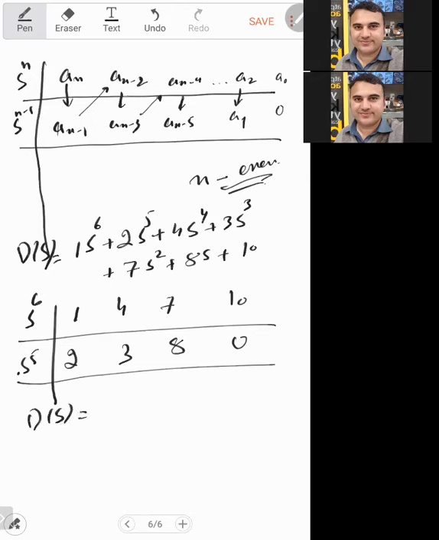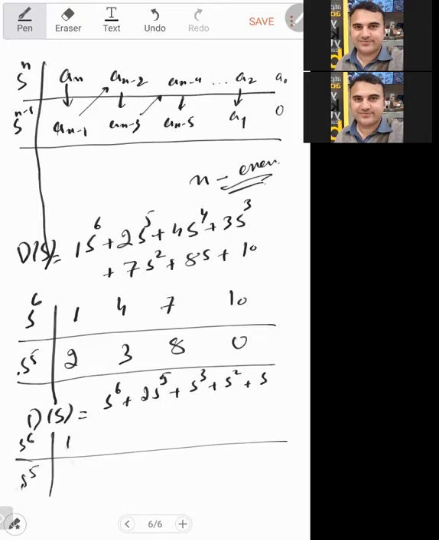Remember this one. Suppose we have s^6 plus 2s^5, then we have s^3, then s^2, then s. Suppose we get this kind of equation, so how will we transform this one? We have s^6 and then s^5.